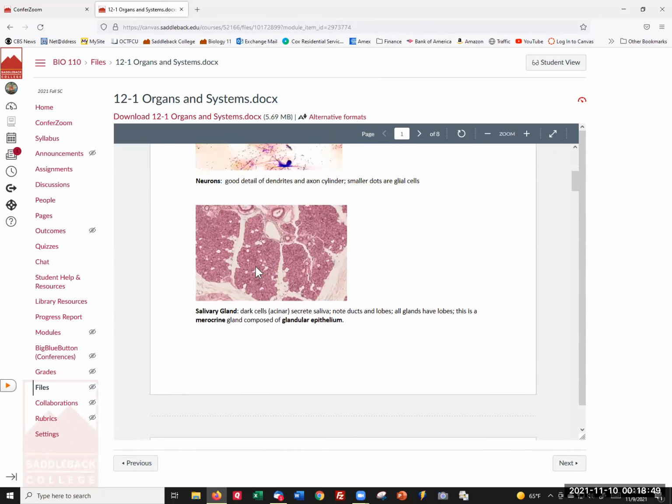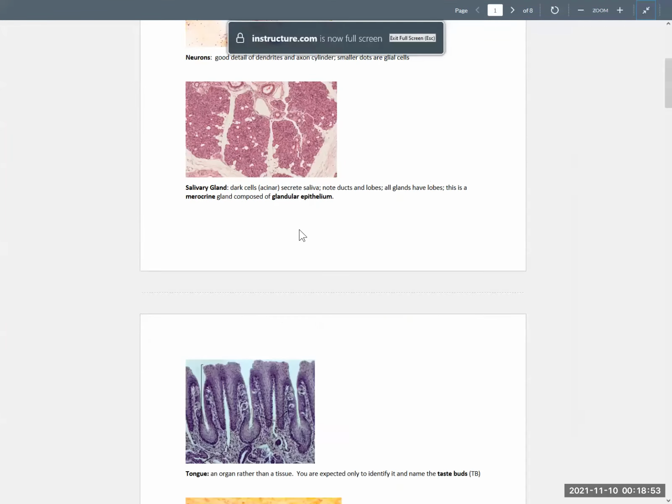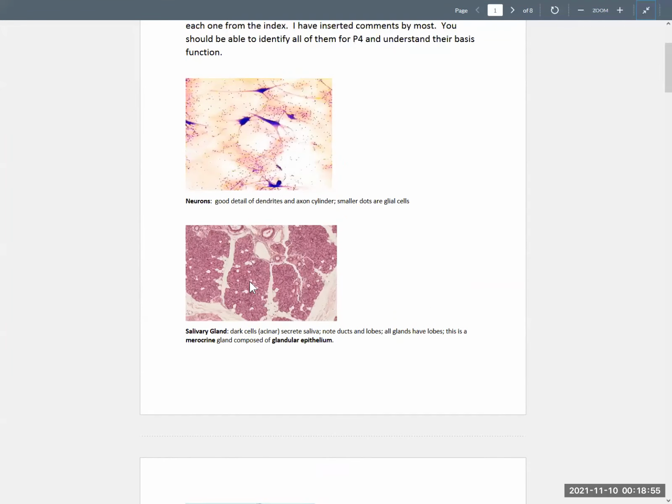Down here, you can enlarge it. This is salivary gland. Glands always have lobes. You see these lines running through, they're not blood vessels. And if they were a blood vessel, what's the chance you could take a knife and cut tissue right down the center of the cross-section of the blood vessel?